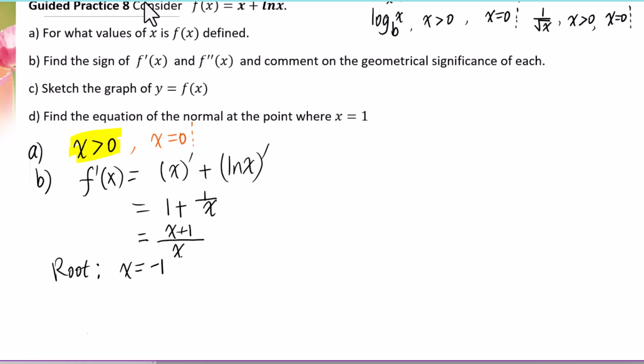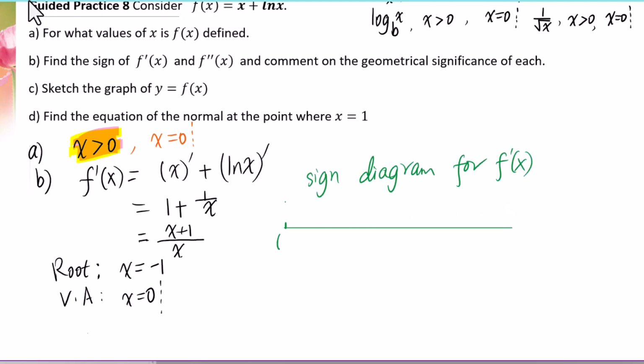x equals -1. For the vertical asymptote line, x equals 0. When you draw this sign diagram, you need to keep the domain in mind. x must be greater than 0, and x equals 0 is a vertical asymptote line. x equals -1, you need to cross out.